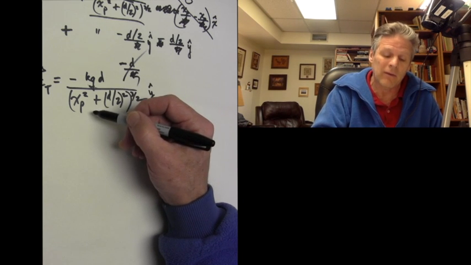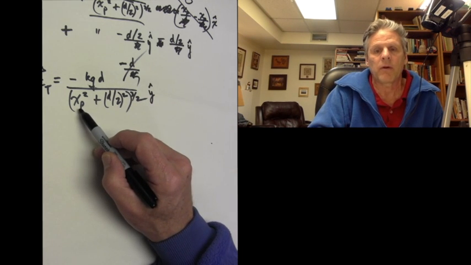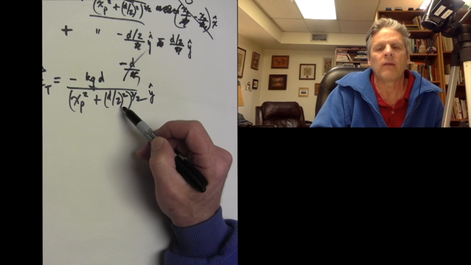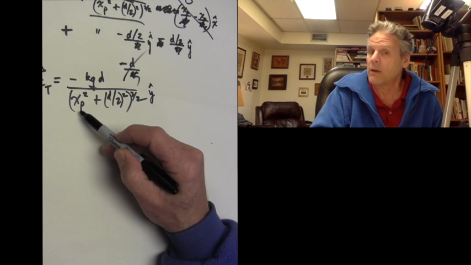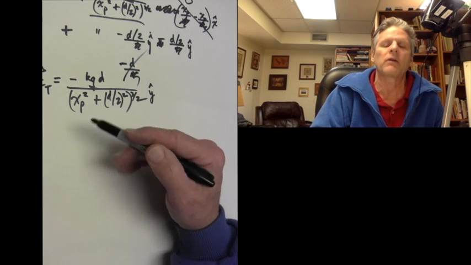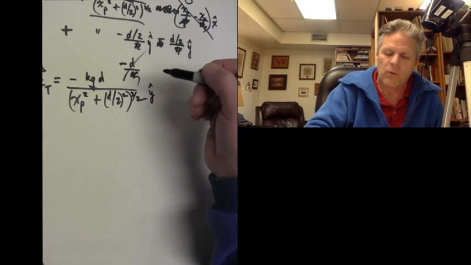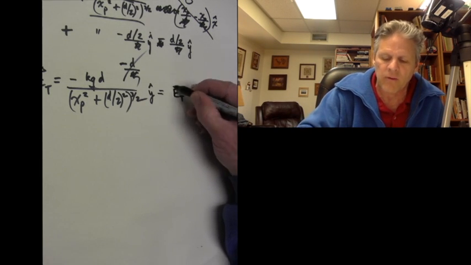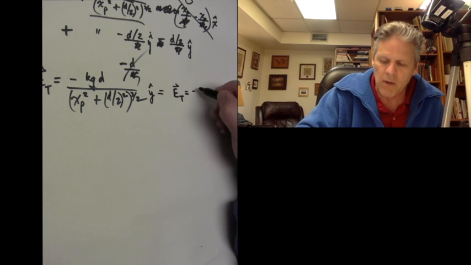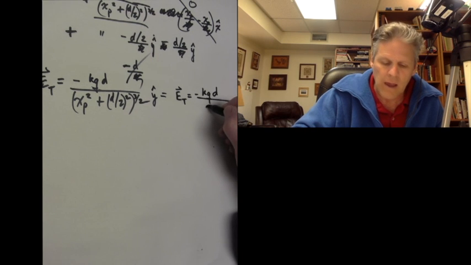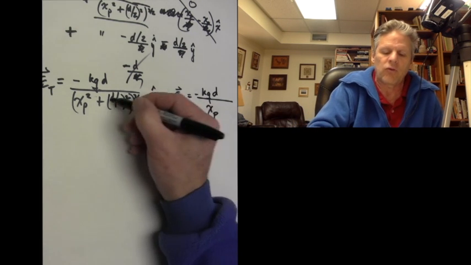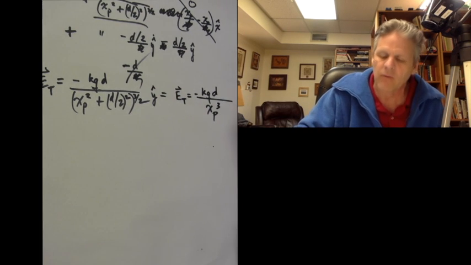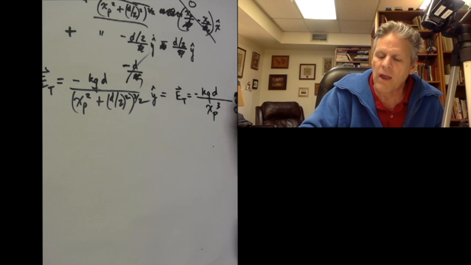But down here in the denominator, x sub p is a very large number, d over 2 is very small in comparison, so when you square them, it's even less. So we end up that at far distances, this E sub t equals minus k q d over x sub p cubed in the y hat direction.